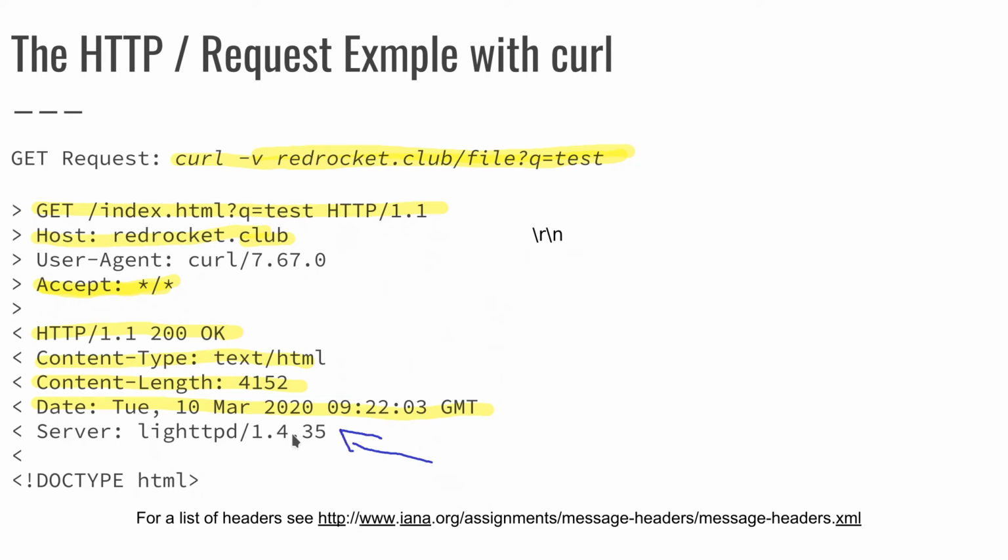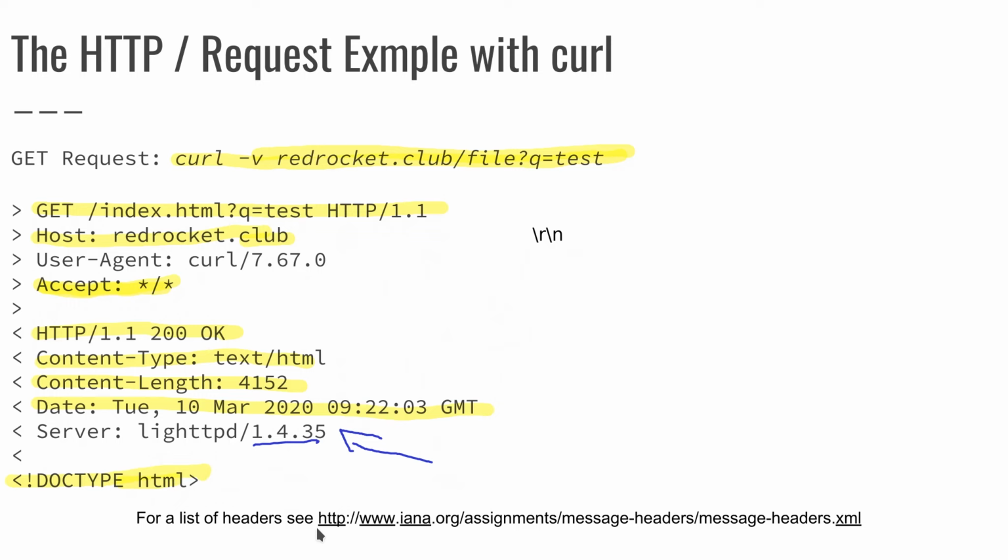From a security perspective, this might leak information, obviously. If we look for a certain type of vulnerability that's only present in a specific version, we can see the version here. But it doesn't really matter, because usually if we have a specific vulnerability, we can just test it against as many web servers as possible. And then comes an empty line, and then the actual document that's being displayed in the browser.